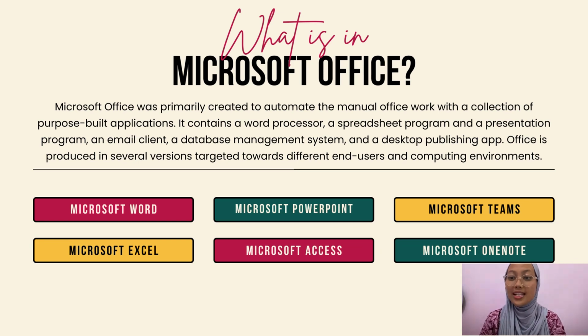Next, what is in Microsoft Office? Microsoft Office was primarily created to automate manual office work with a collection of purpose-built applications. So it contains a word processor, a spreadsheet program, a presentation program, an email client, a database management system, and a desktop publishing app.